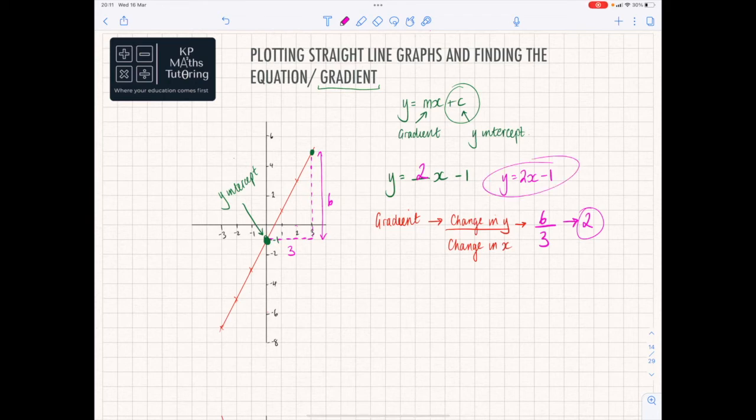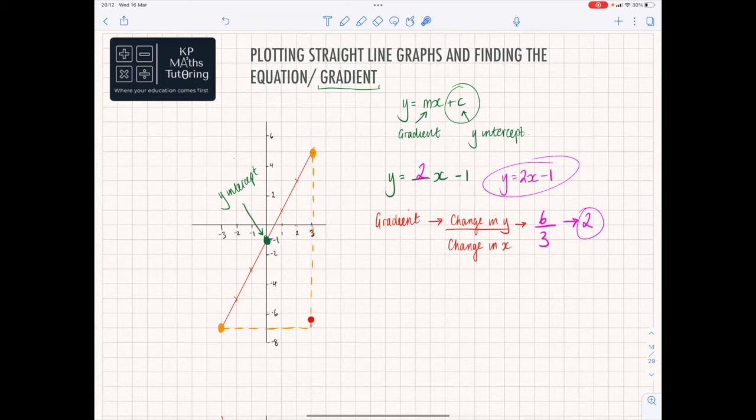Now let me show you what I mean when I say it doesn't matter what points you choose on your graph as long as you choose full coordinates. If I pick 2 different points, let's choose this top point up here and this bottom point down here, and I draw my triangle going down here and across here.